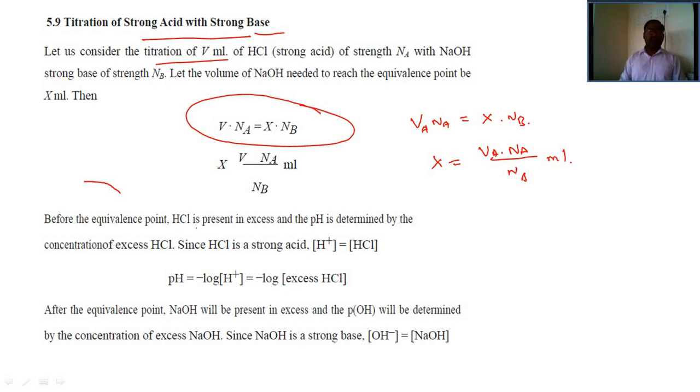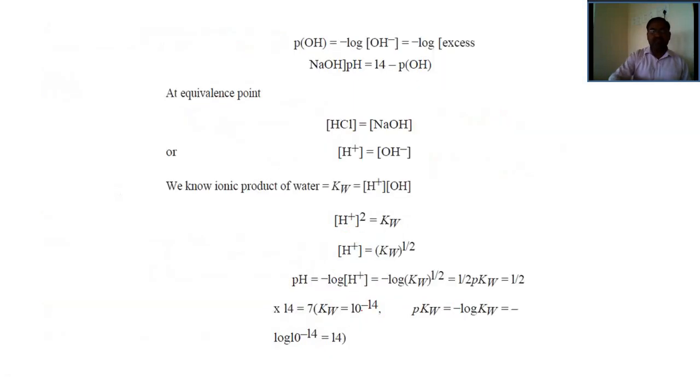Before the equivalence point, HCl is present in excess. The pH is determined with the help of the pH equation. pH is equal to minus log10 H plus. Similarly, for alkali solution, pOH is equal to minus log OH minus. The equivalence point is calculated here. The concentration of H plus is equal to the concentration of OH minus.